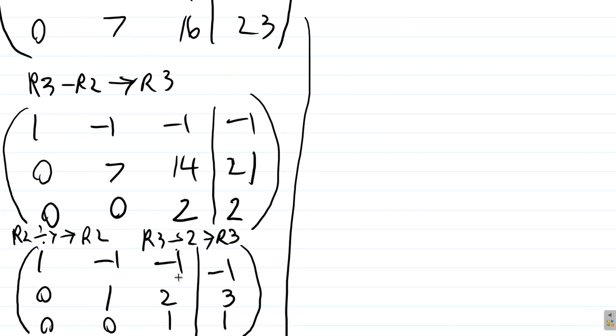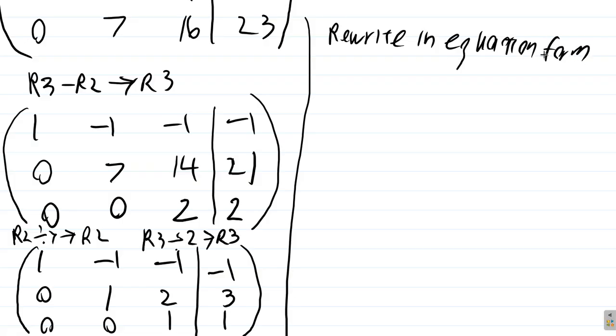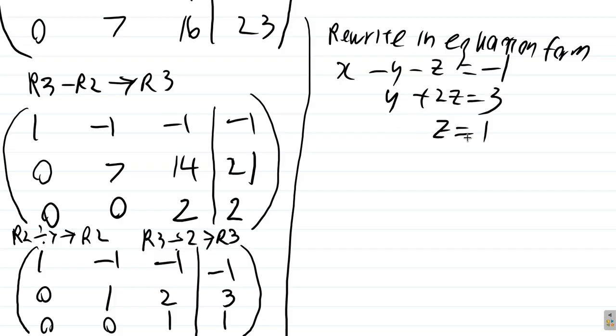It's a case now of rewriting in equation form. So when we do that, we have x minus y minus z equals negative 1, y plus 2z equals 3, and z equals 1. So we see that z equals 1. Substitute z equals 1 in equation 2. y plus 2 equals 3.